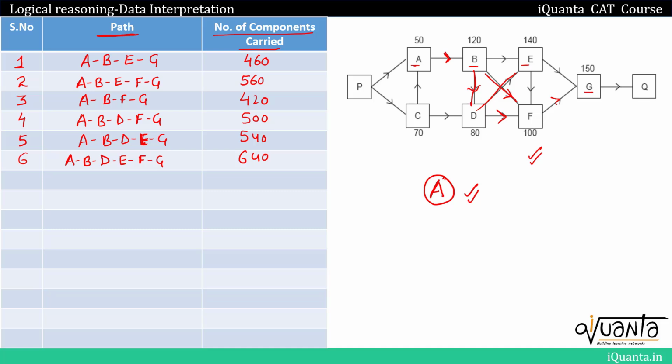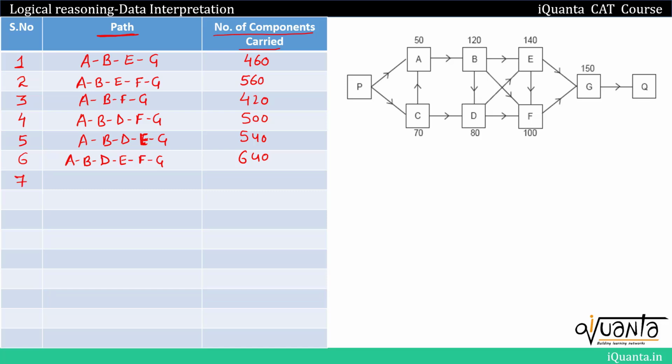Now let us try to look into the paths that start from C. Yes, because from P the robot can also go to C first and then he can take different routes. So let's start with the paths that start from C. So this will be our 7th possible route.